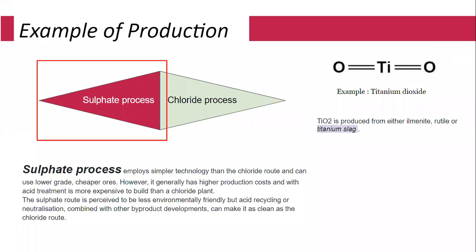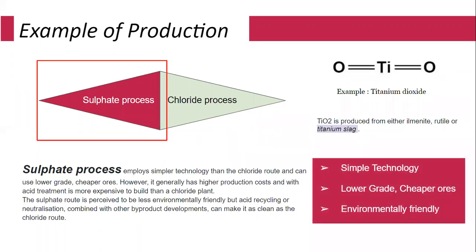However, it generally has higher production costs, and the acid treatment is more expensive to build than chloride plants. So the sulfate route is less environmentally friendly, but acid recycling and neutralization combined with other byproduct developments can make it as clean as the chloride route.